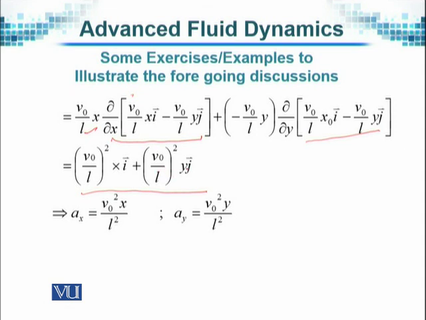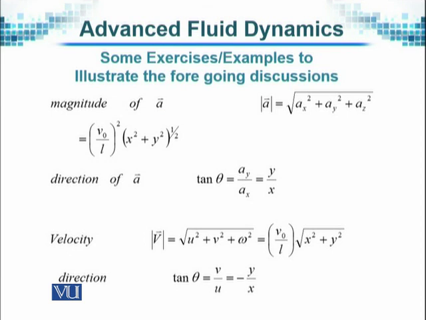In the same way, we have a result for the y component of the velocity vector. This means the acceleration component in x direction is ax equal to V naught square over L square into x. Ay, the acceleration component in the y direction, will be this. You can see the x occurring here, the y occurring here.